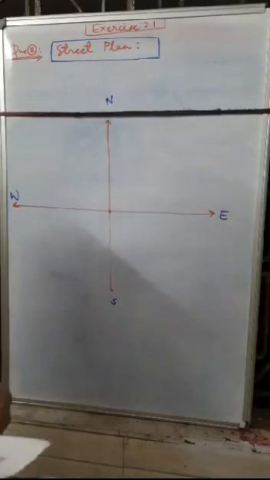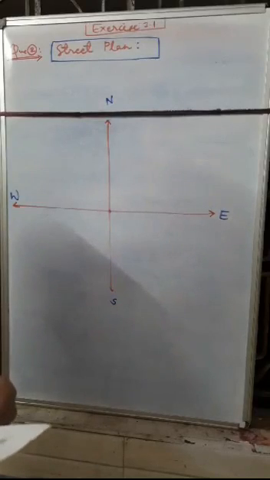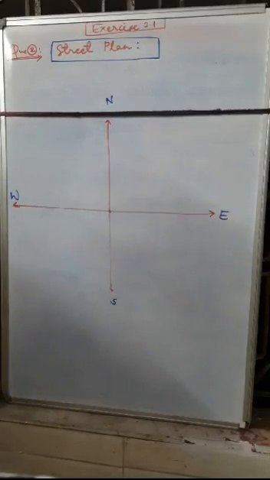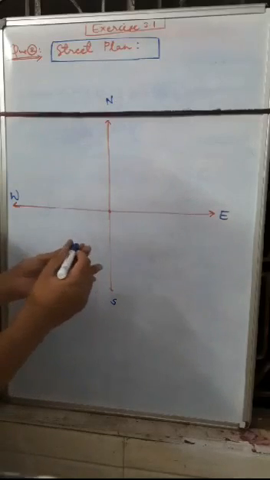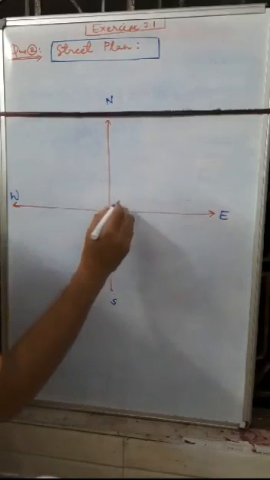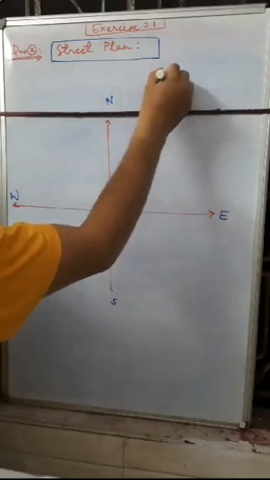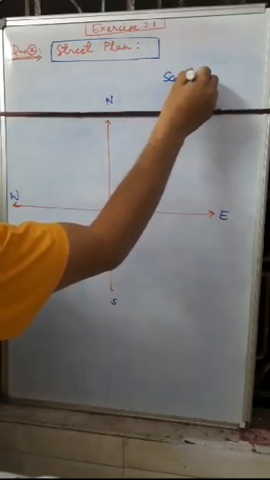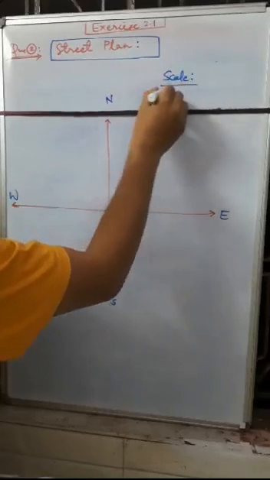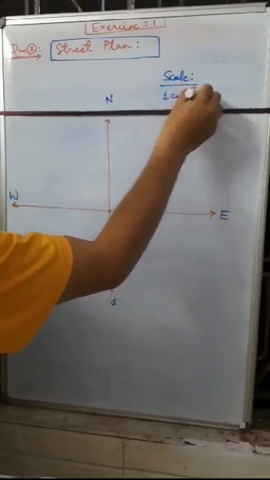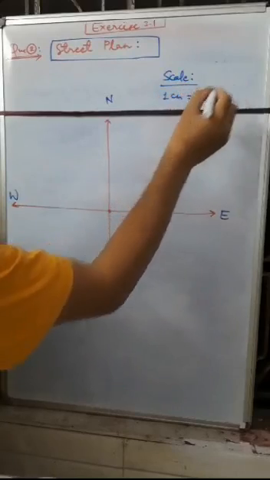So there are 10 streets. Using 1 centimeter is equal to 200 meter, the scale we can write here is 1 centimeter equal to 200 meter.